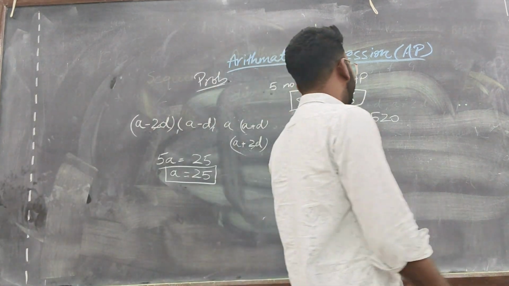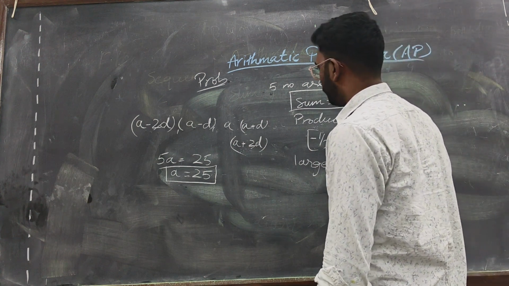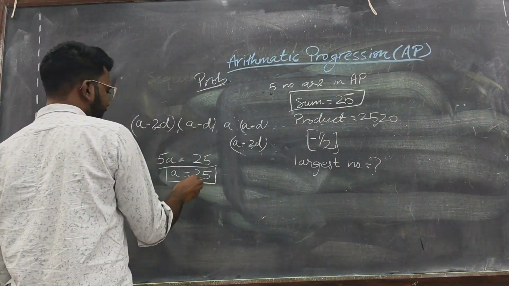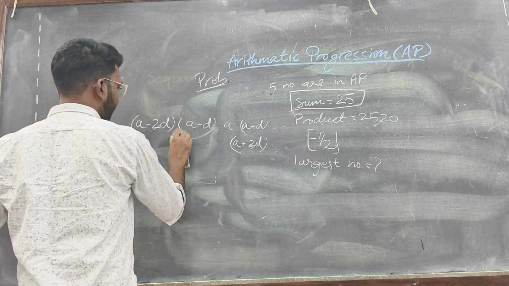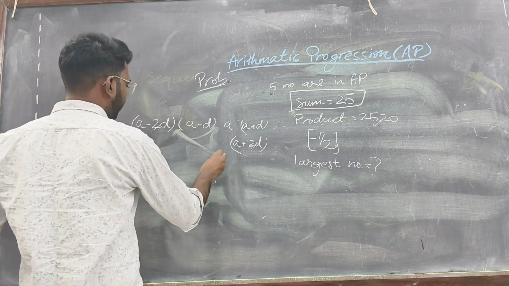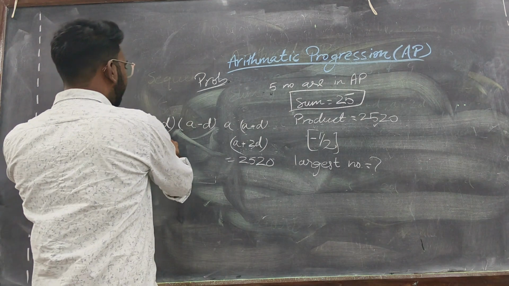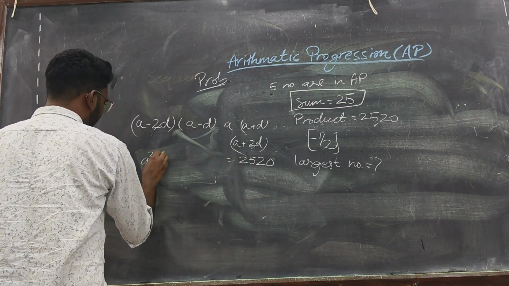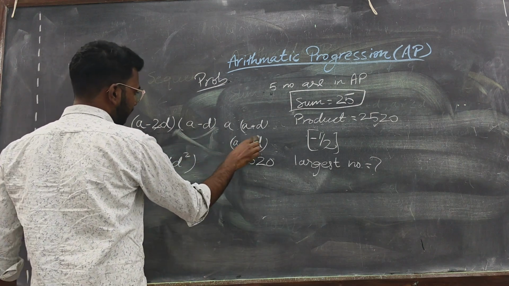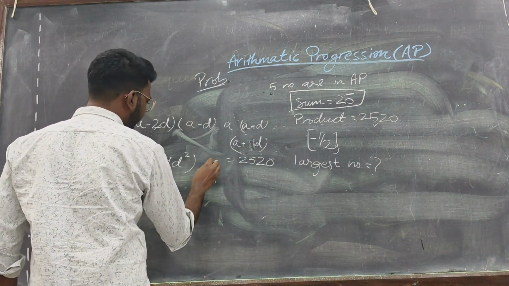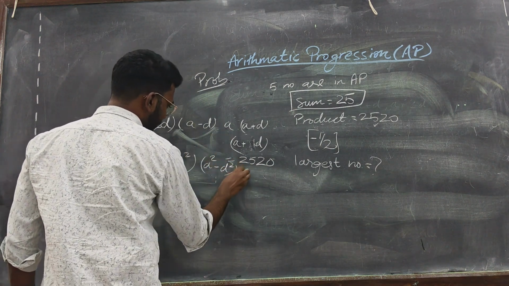Now we know that the product of these 5 numbers is 2520. So the product of these 5 numbers is 2520. So (a minus 2d)(a plus 2d) will be a square minus 4d square, (a minus d)(a plus d) will be a square minus d square, and a.